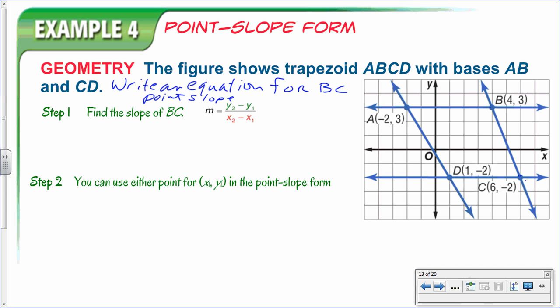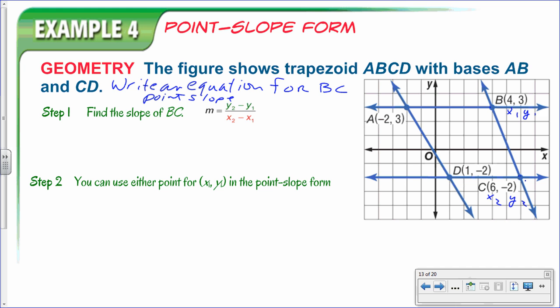Okay, which one's gonna be the first one? You want B to be the first point or C? Okay, so x of 1, y of 1, x of 2, y of 2. You with me?